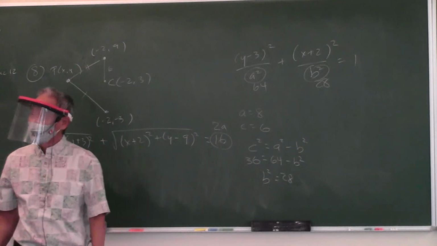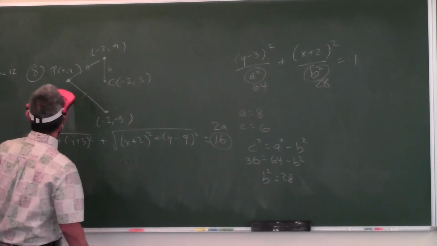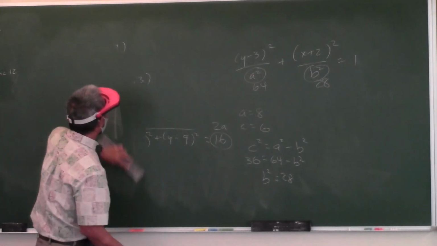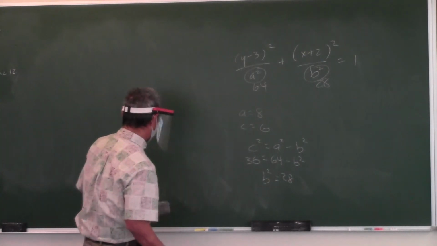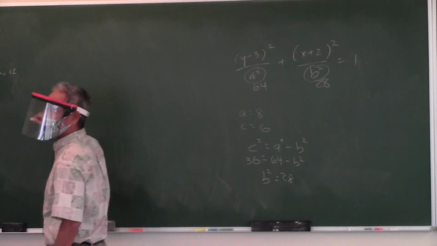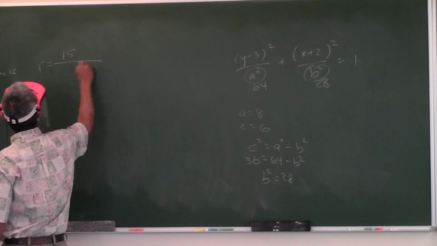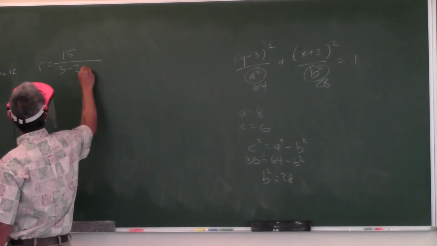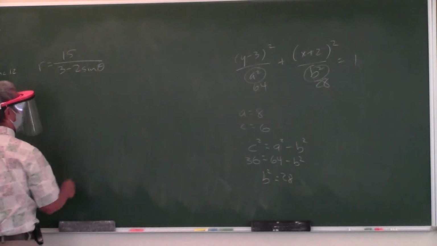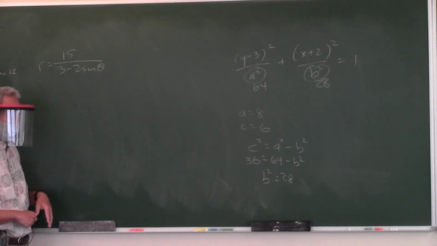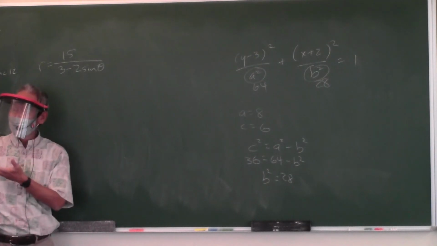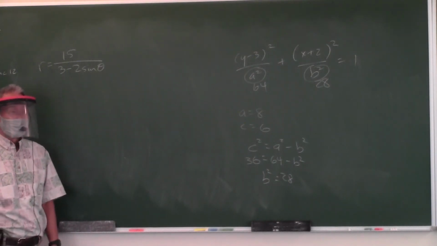Okay, next problem. Polar. I gotta erase. We gotta stay on this side of the board. r equals 15 over 3 minus 2 sine. See, you guys are lucky. In previous years, we didn't even have time to go over these examples.